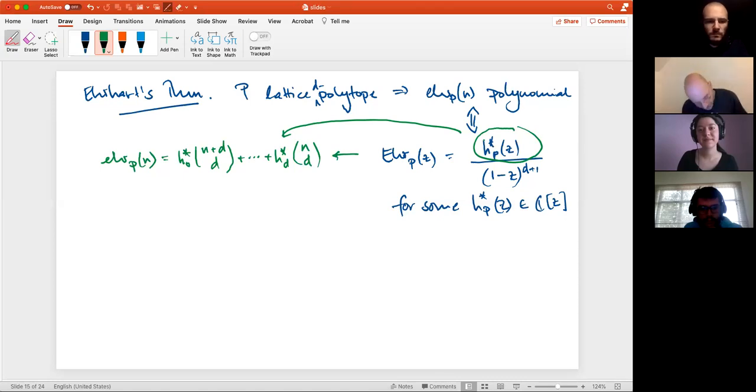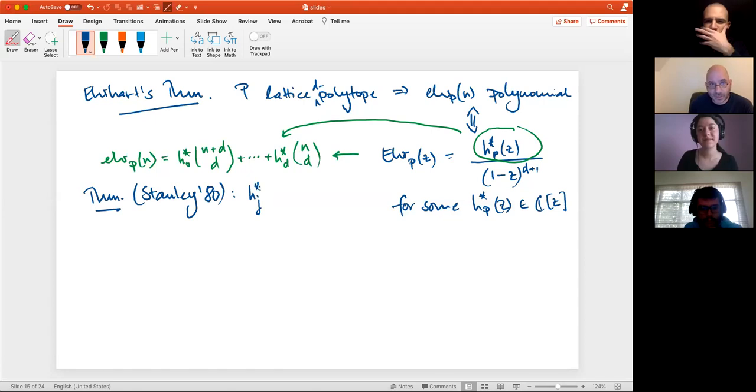I already mentioned this yesterday. One of the more famous theorems of Stanley, I think from 1980, says that these coefficients are non-negative integers.